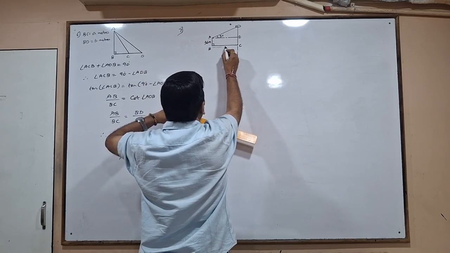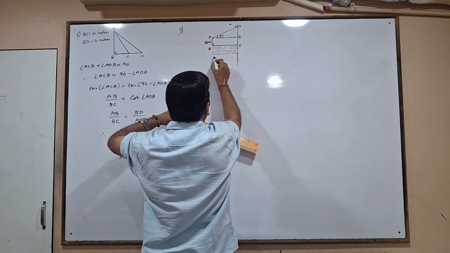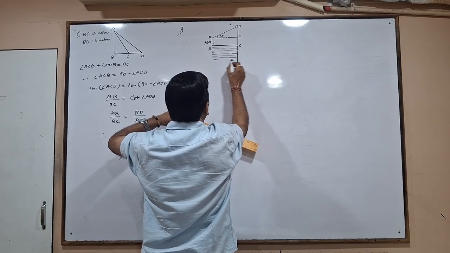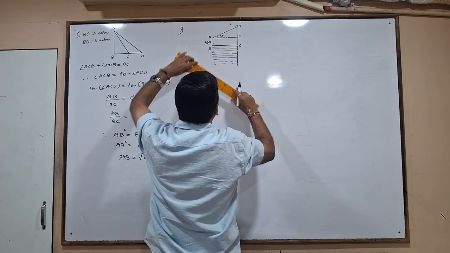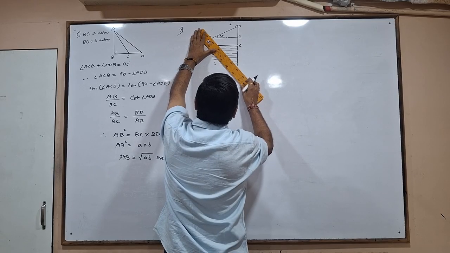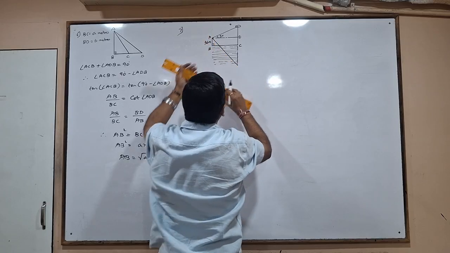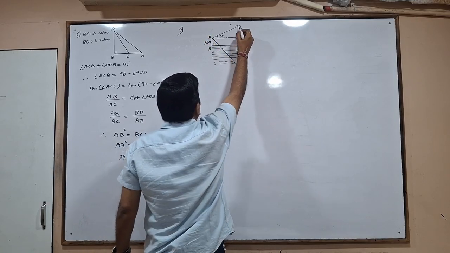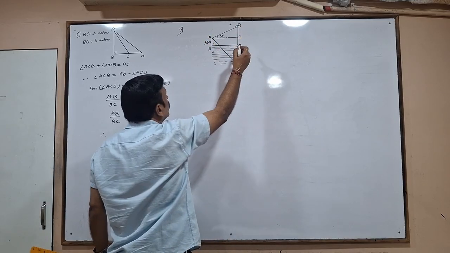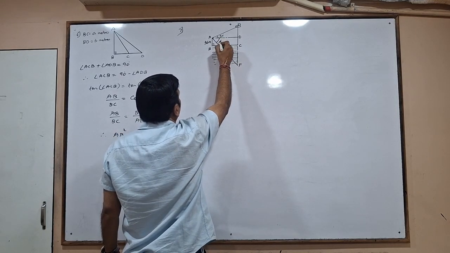This is the lake. And the angle of depression is 60 degrees.